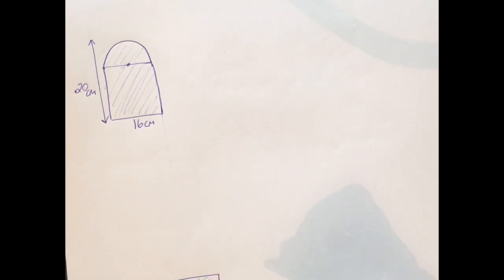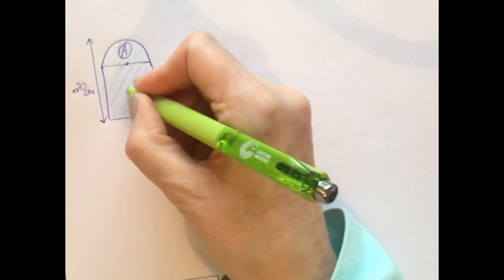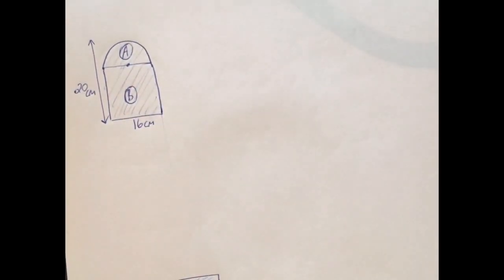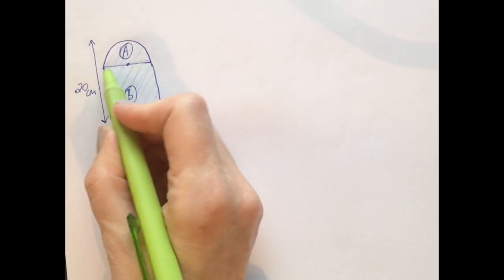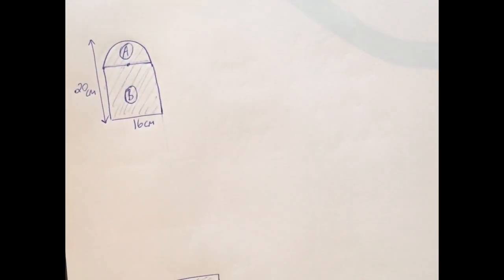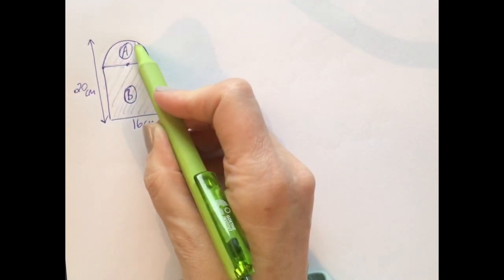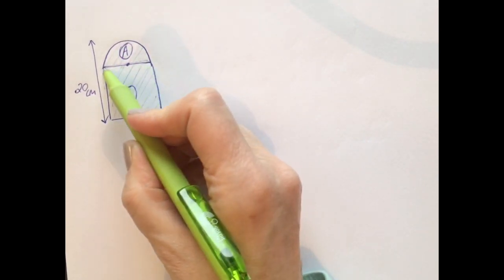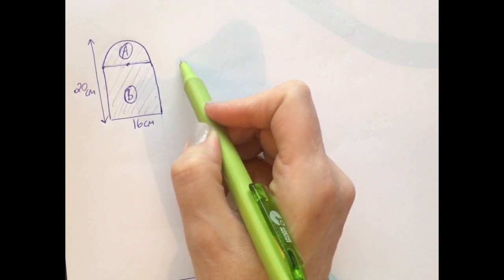So what I'm going to do here is split it up into this shape on top, we'll call it A, and this shape below, we'll call it B. Because I've got this line here, it's split up quite nicely already, and the shape on top is a semicircle. So what I know to do here, to get a semicircle, I'll need to get a full circle and just halve it.